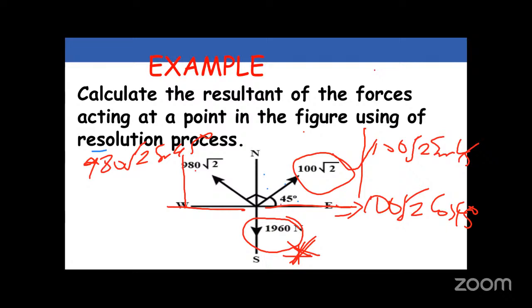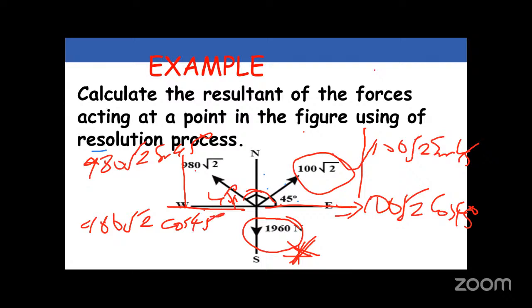Because this is 45, this is 90, it means that this will be 45 degree as well, because angle on a straight line is 180. So the horizontal component will be 980 root 2 cos 45 degree.